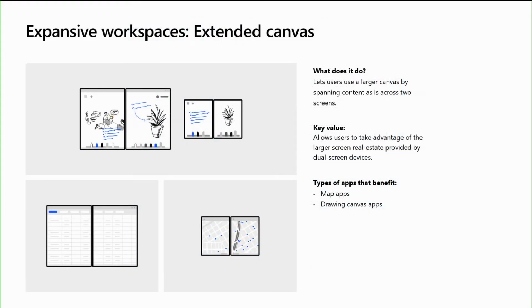The next experience category is Expansive Workspace, and one of the patterns that help you provide this experience with your app is called Extended Canvas. This is a pattern that lets your app take advantage of the larger screen real estate by simply expanding the canvas as is. We found that free scrolling canvas type apps like the ones you see here are great candidates for Extended Canvas.